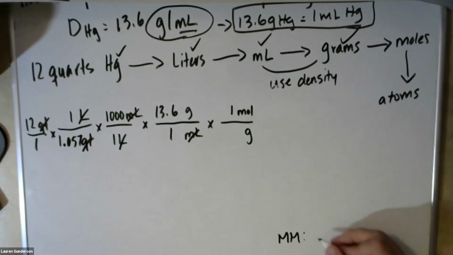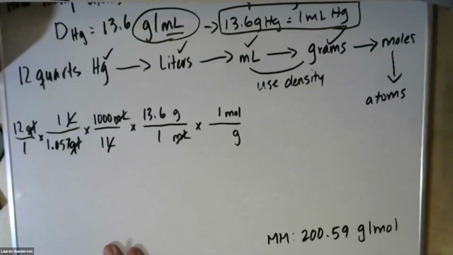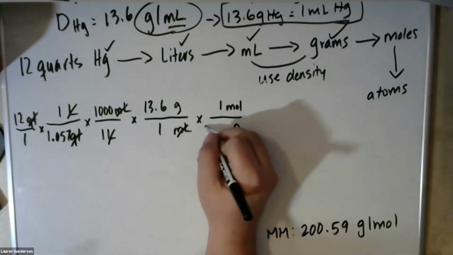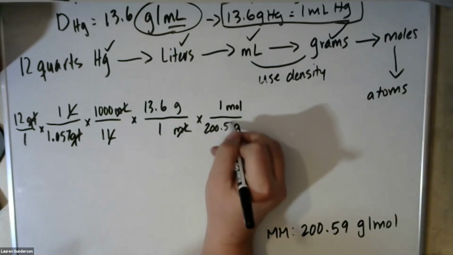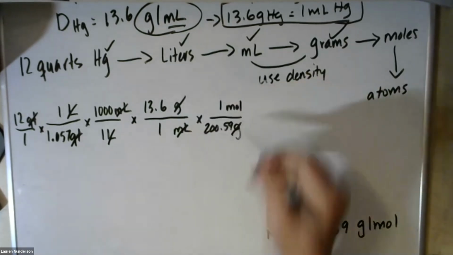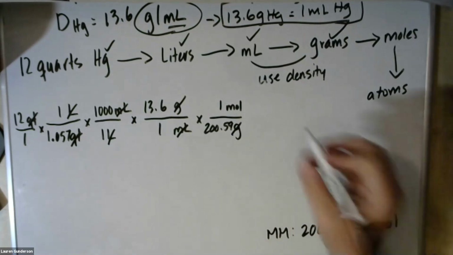The molar mass is 200.59 grams per mole. So 200.59 grams in 1 mole. So now my unit of grams cancels out.